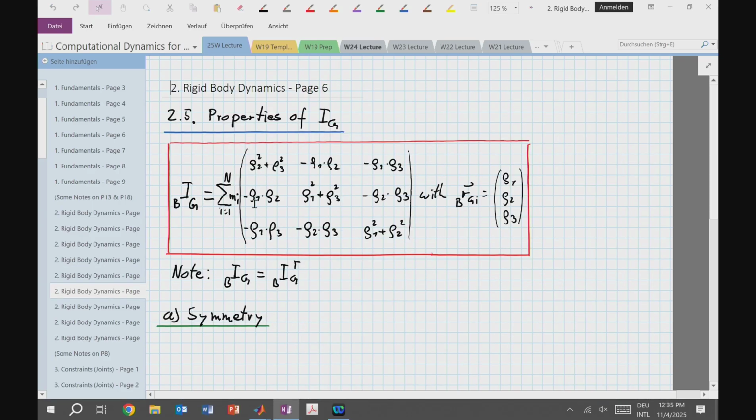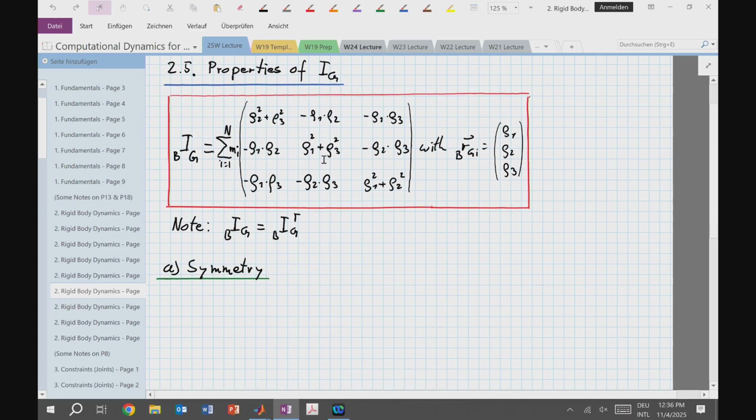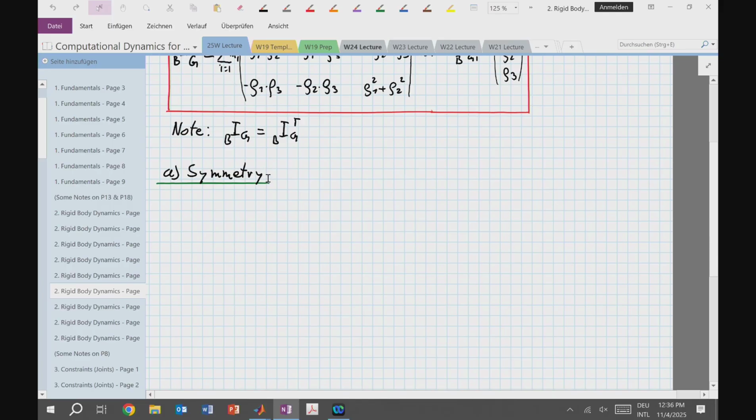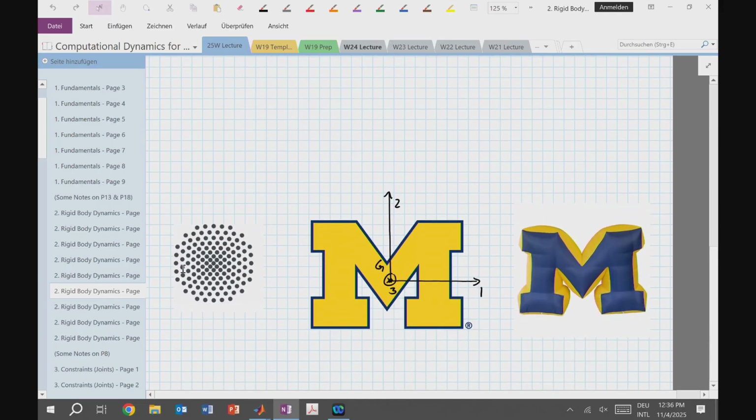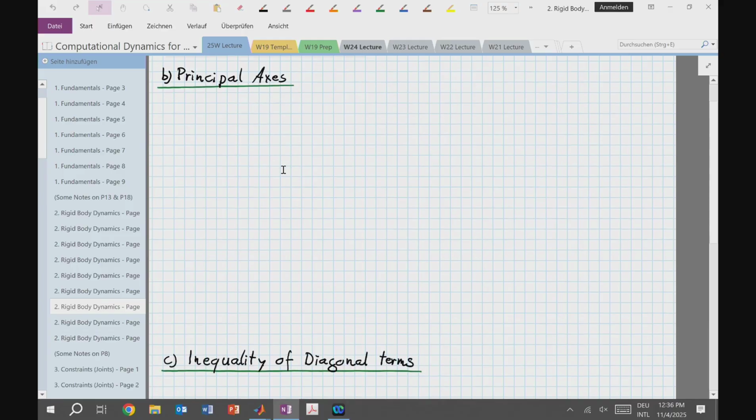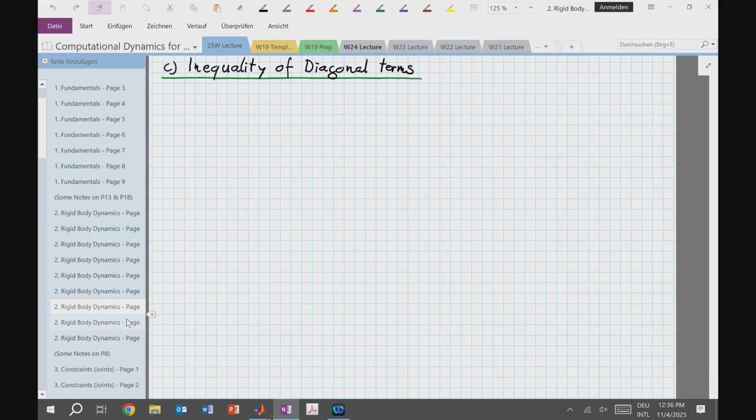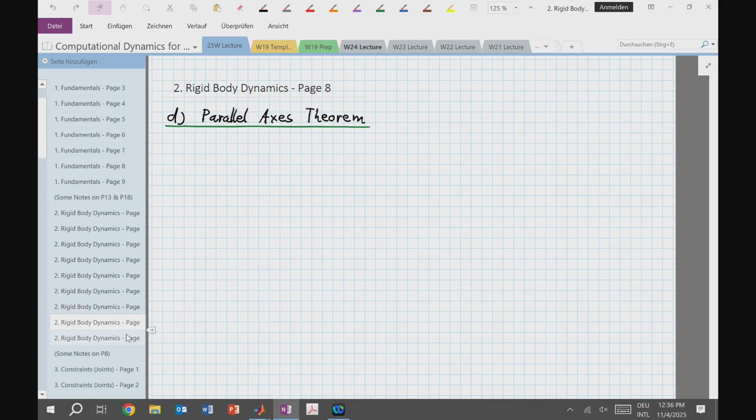There are a few more things that can be said about the inertia matrix IG. I did those in class in the past. I realized that they're not as important for what we want to do, and that a lot of people already know this: properties, symmetry, when the off-diagonal terms are 0, what the principal axes are, inequality of the diagonal terms, and so on, the parallel axis theorem.